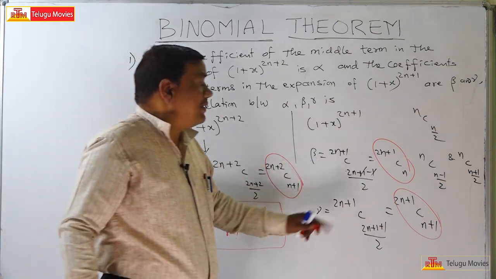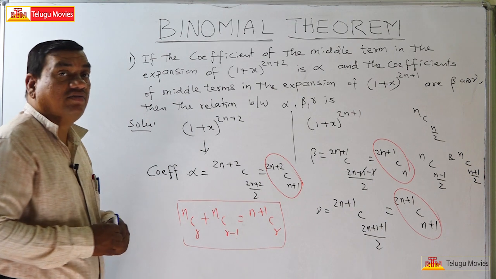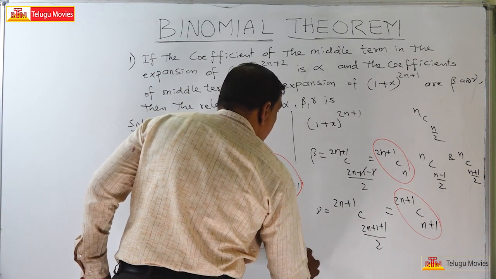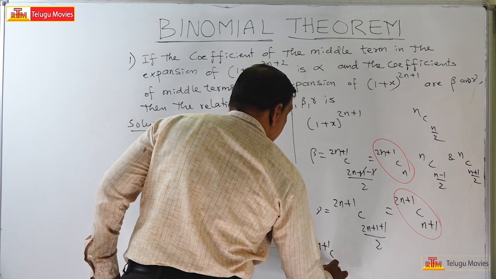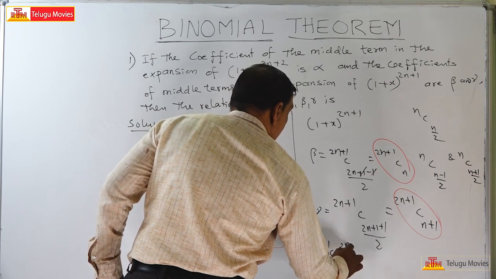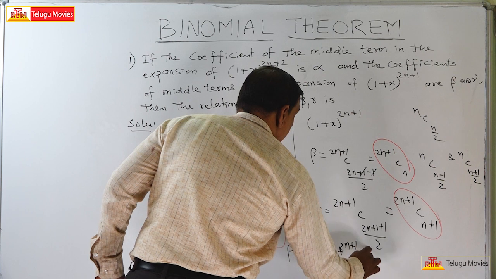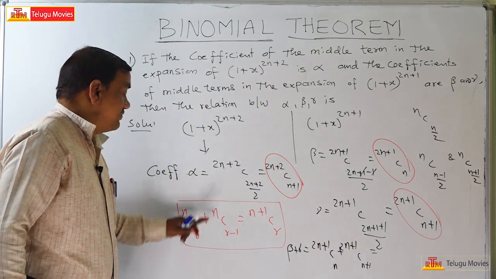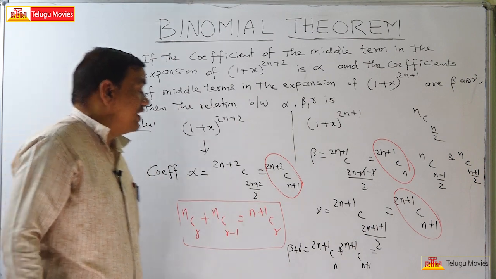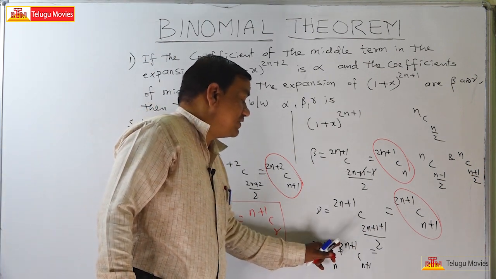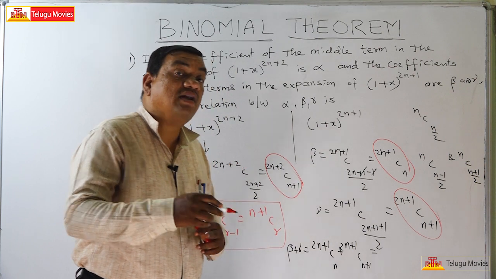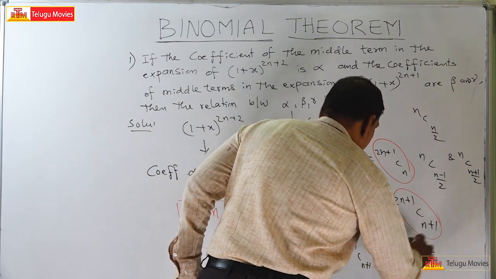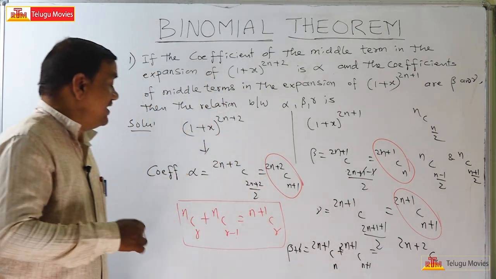Observe here beta plus gamma. Write the value of beta plus gamma. Beta plus gamma is equal to (2n+1)Cn plus (2n+1)C(n+1). Using nCr plus nC(r-1) is equal to (n+1)Cr, here we get (2n+1+1)C, whichever is the bigger, n plus 1.